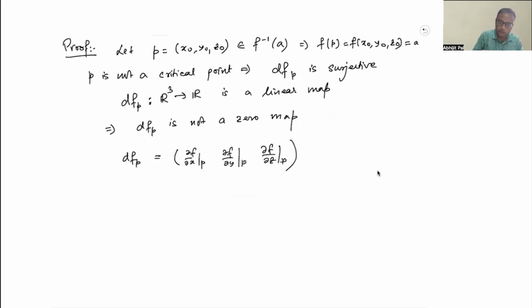So this map at the point P is not a zero map.